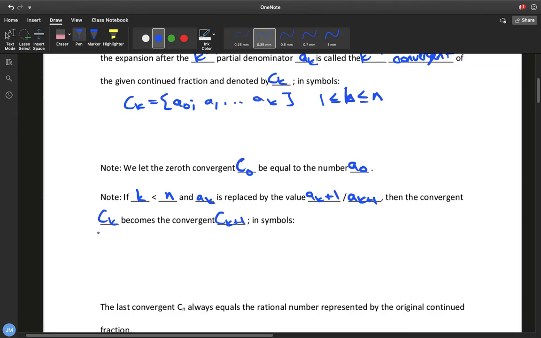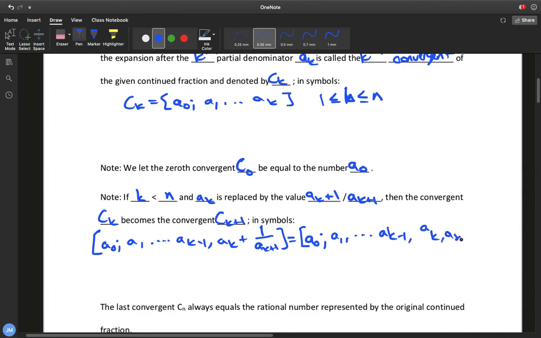In symbols, what this would be saying is that if you start with a continued fraction of a0 from a1 all the way up to a sub k minus 1, followed by, in place of a sub k, if you rewrite it as a sub k plus 1 over a sub k plus 1, this is actually the same as our continued fraction a sub 0, a sub 1, all the way up to a sub k minus 1, a sub k, and a sub k plus 1, which is the same as c sub k plus 1.